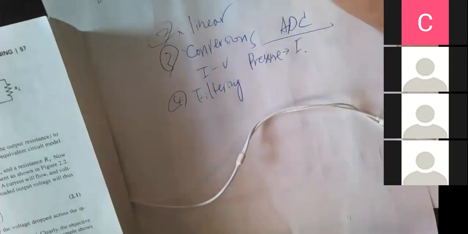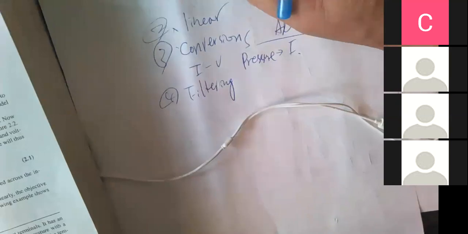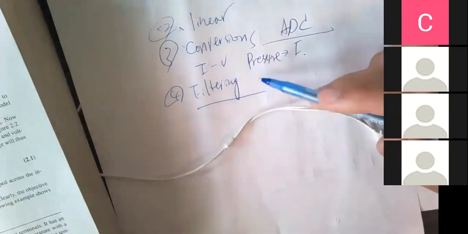And how do we remove the unwanted components? A filter is one of the most common ways to do it. So that's the fourth. The last one is what?